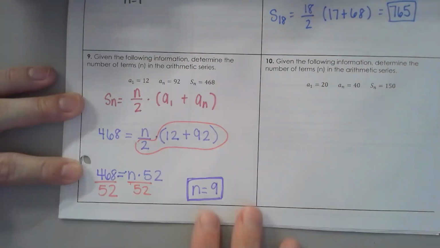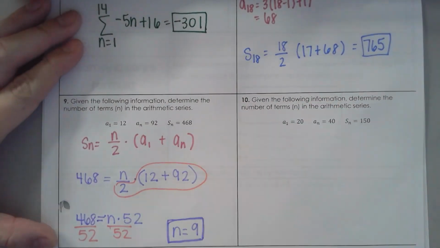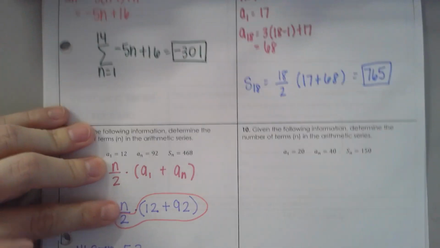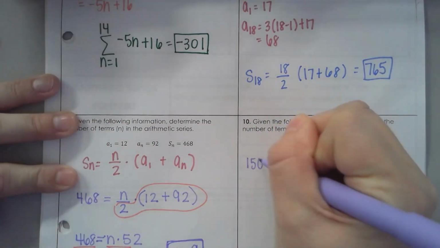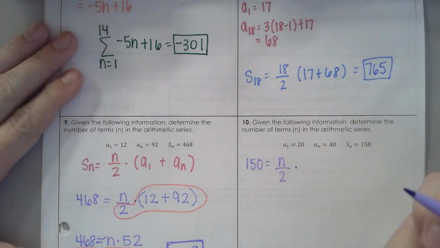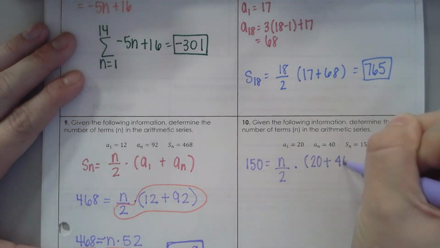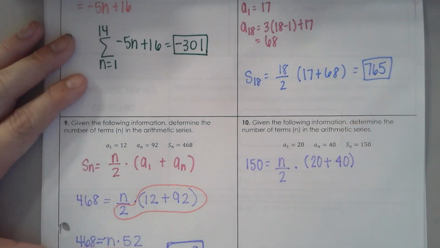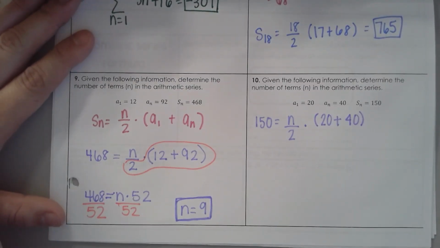So let's try another one. I gave you the same information. So my sum is 150. N divided by 2 times 20 plus 40. And you could probably do that one in your head.